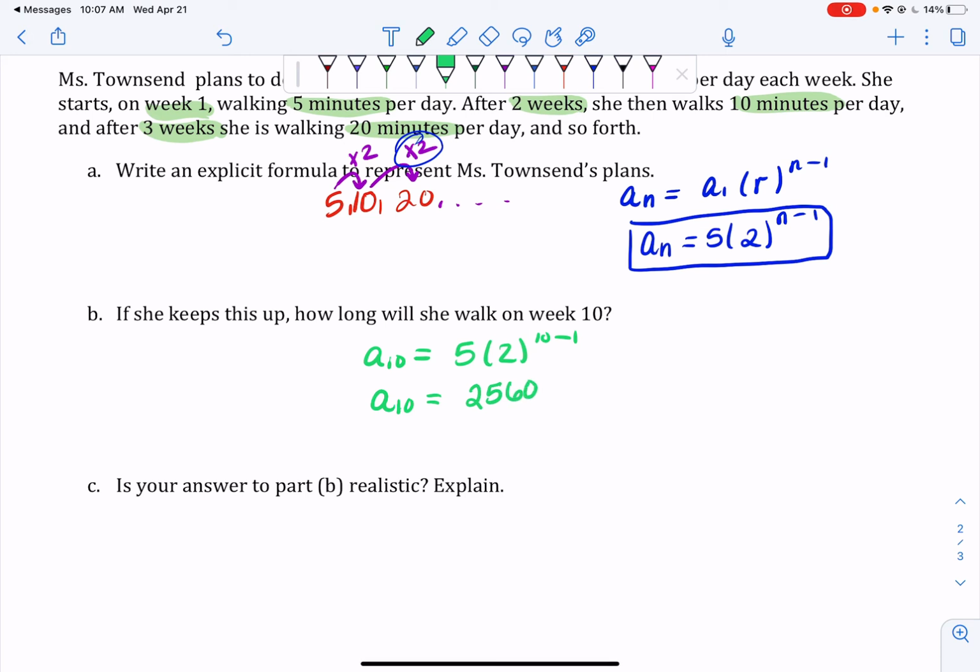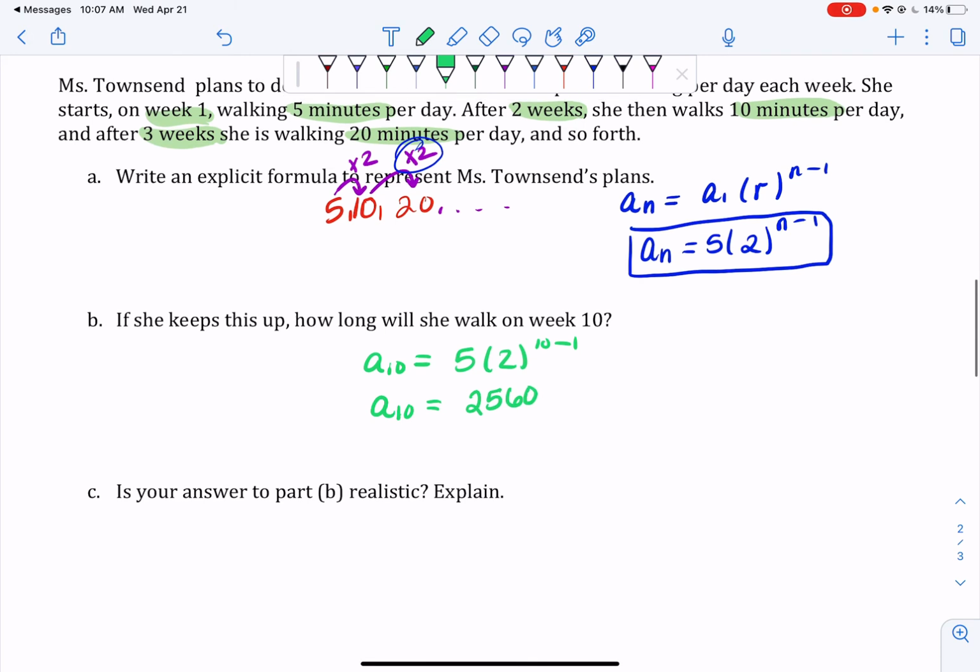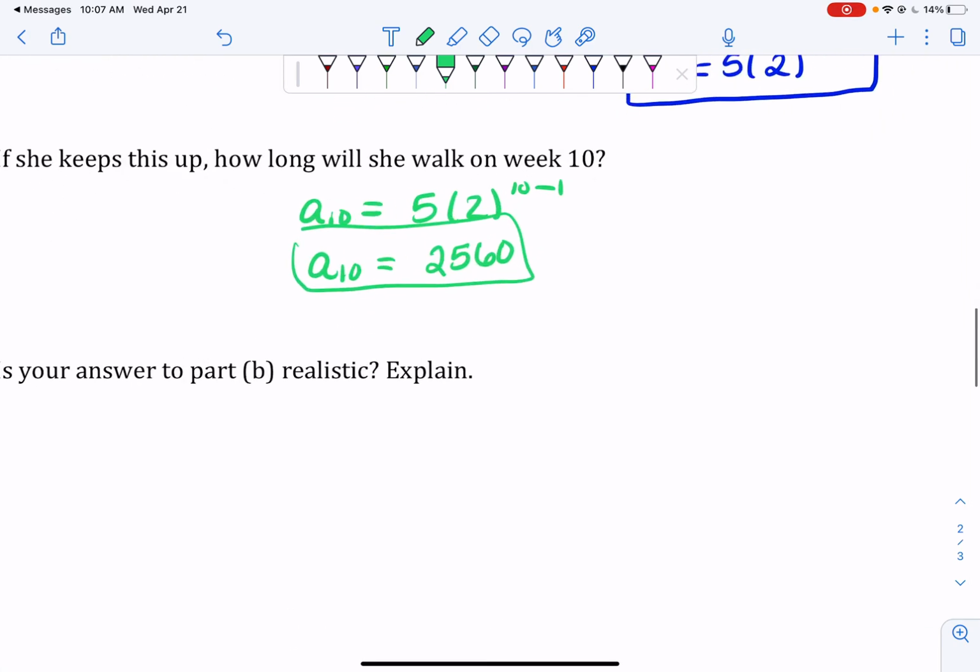So that means on week 10, she will be walking 2,560 minutes per day.